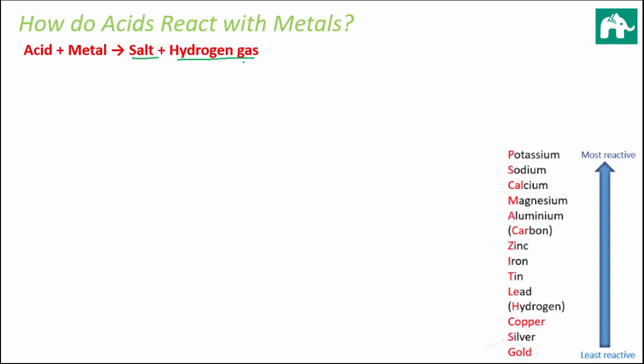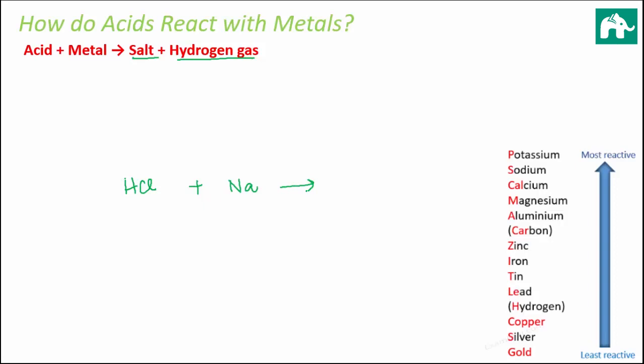So how do you think they would react with metals? Let's look at this. Let us take this example. Let us suppose we have hydrochloric acid, and it reacts with a metal, say sodium. What do you think should happen? How will a salt be formed?